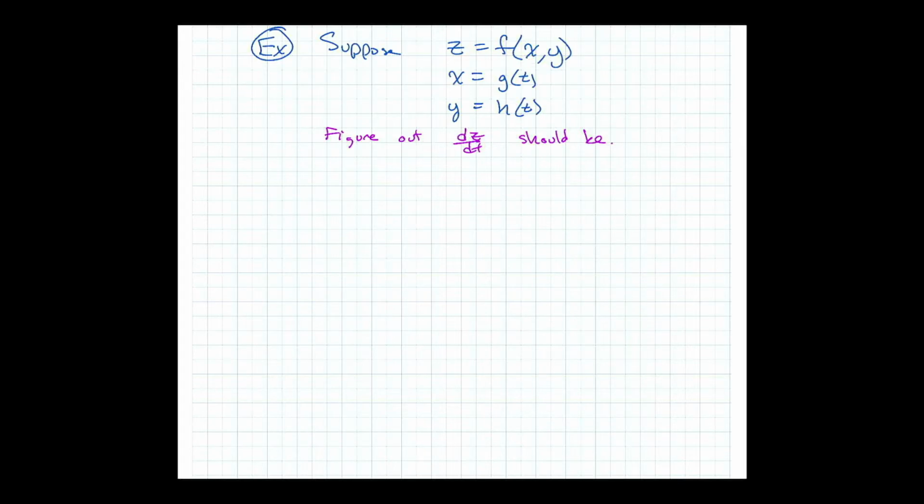So you put that here, z on top. Now z is a function of x and y, so from z goes to x, z goes to y, right? And then you say, well, x is a function of t, right? x depends on the variable t.